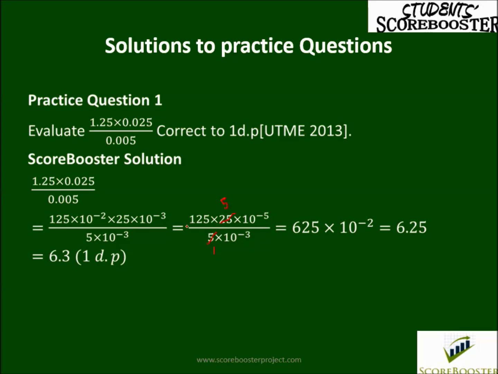So 125 times 5 is 625. Then 10 raised to power minus 5 divided by 10 raised to power minus 3 is simply 10 raised to power minus 5 minus minus 3, which is 10 raised to power minus 5 plus 3 equals 10 raised to power minus 2. So according to the law of indices, you have 625 times 10 raised to power minus 2, which is 6.25.